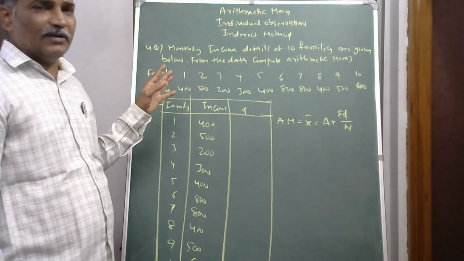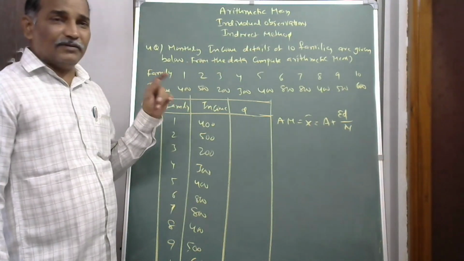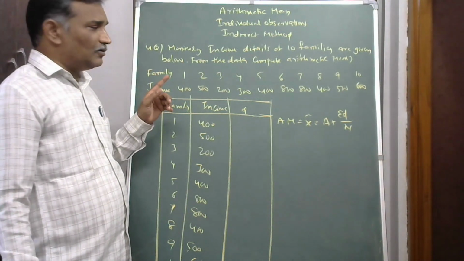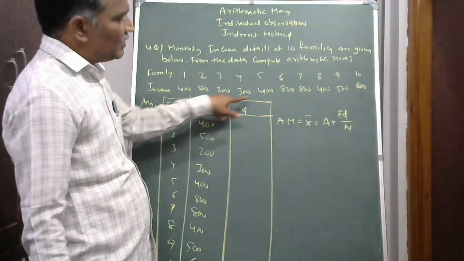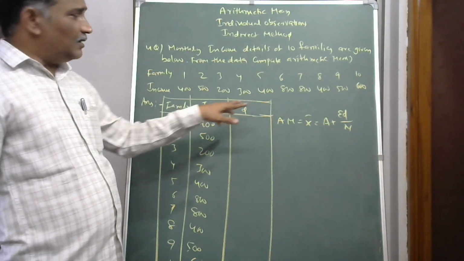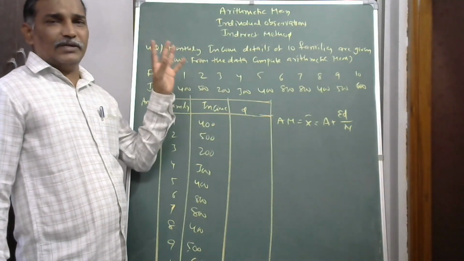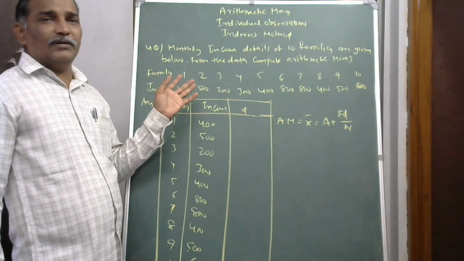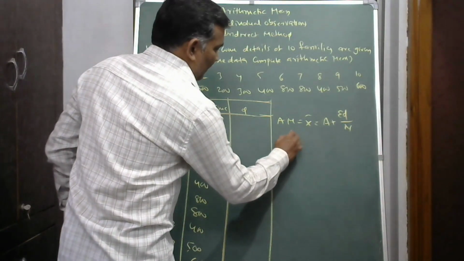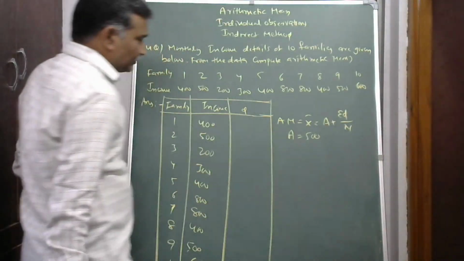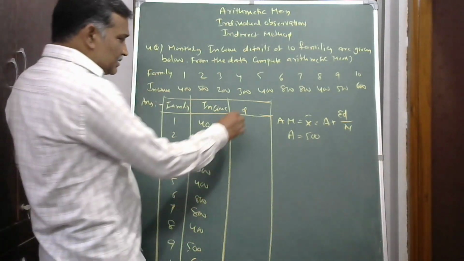We can take literally any value as assumed mean, but for our convenience, it is better to take a middle of the highest value and lowest value. From the series, the lowest value is 200 and the highest value is 800. So let us take the assumed mean as 500.